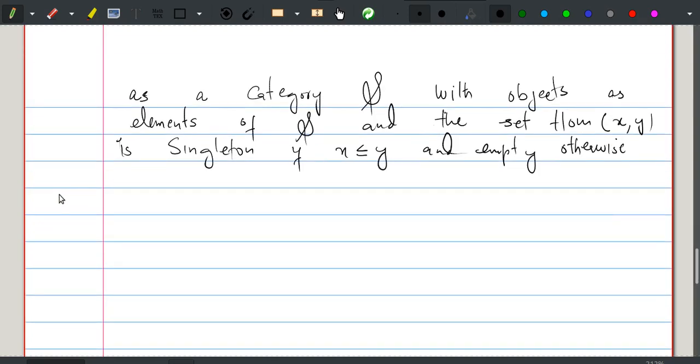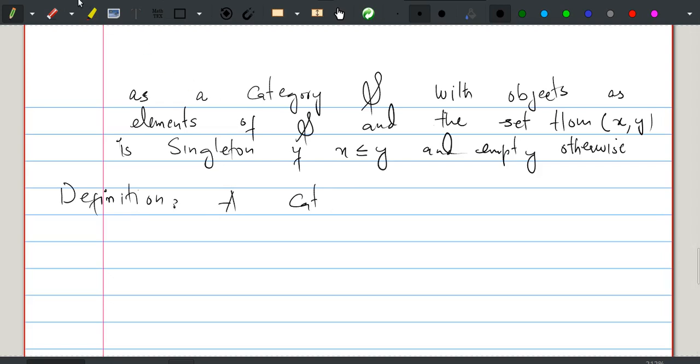Now we have this definition. Let C be a category.